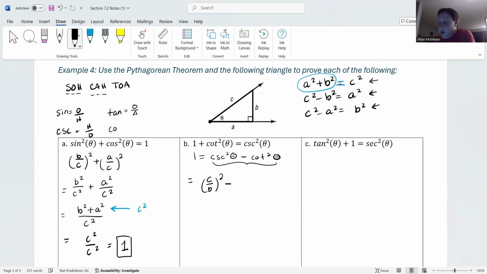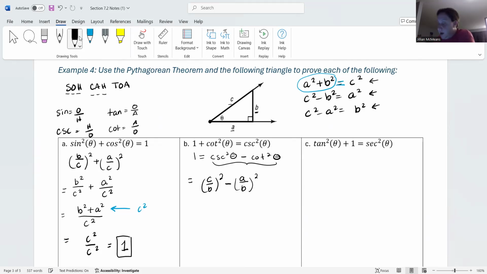So that tells me that cotangent is going to be adjacent over opposite, okay? Opposite, I lied to you. It's adjacent over opposite. Opposite is b. So we get a over b squared.